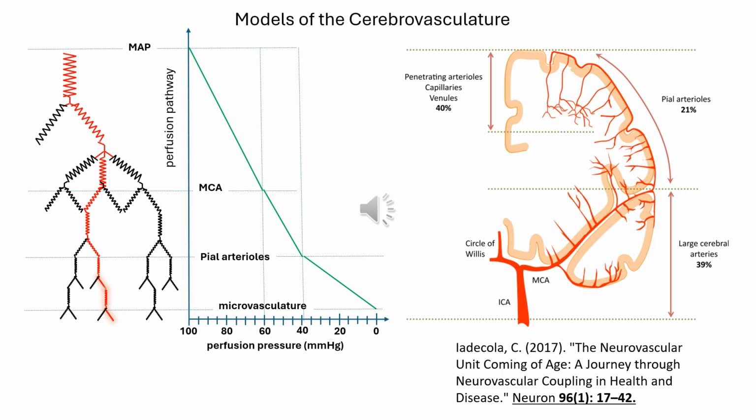For example, with a mean arterial pressure of 100 millimeters of mercury, the pressure at the main intracranial distribution arteries is 60 millimeters of mercury, and downstream of the pial arteries, less than 40 millimeters of mercury.